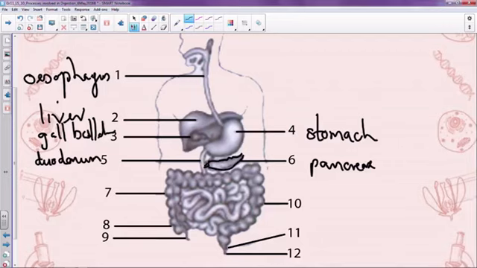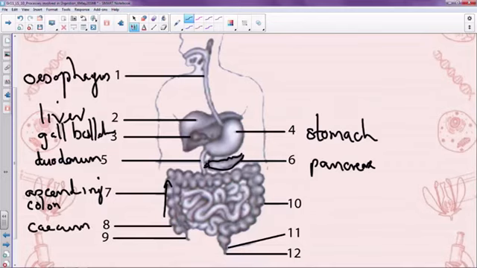Okay, and then number seven is the ascending colon, so that's part of the large intestine and it's going up, hence we refer to that as the ascending colon. Number eight is the cecum, and that's the first part of the large intestine.